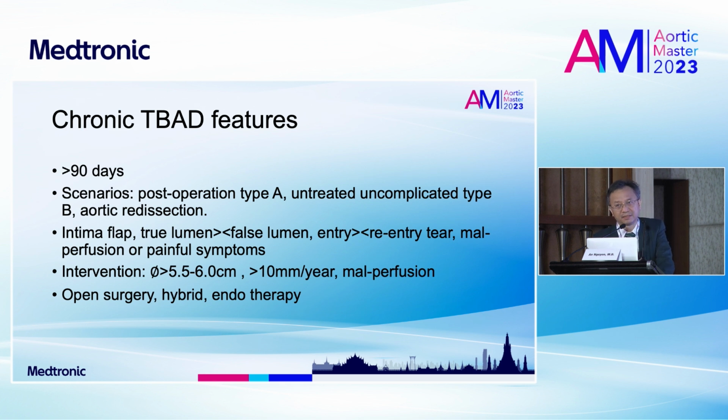The regular indication for intervention is dilation of the aorta with a maximum diameter between 5 and 5.5 or over 6 centimeters. It also needs intervention if the patient presents with rapid growth over 10 millimeters a year, or malperfusion. Nowadays, for the treatment of type B dissection, there are 3 options: open, hybrid, or total endovascular therapy.